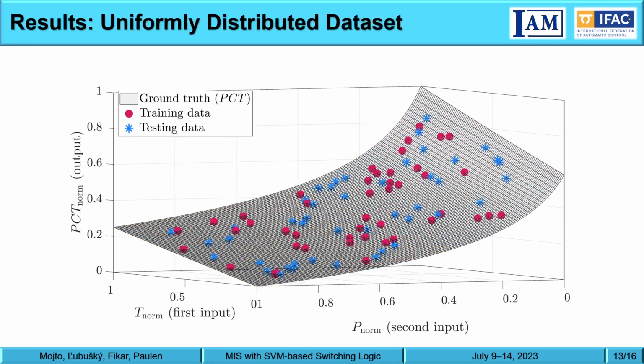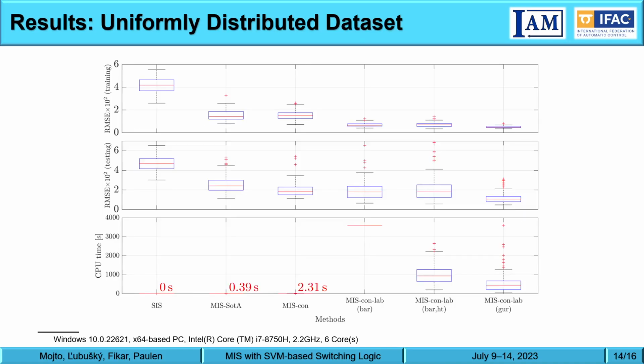This leads us to the second scenario where the uniformly distributed dataset is considered. Due to the random character of this scenario, we consider 100 different uniformly distributed datasets, and the following results represent the statistical evaluation from these 100 different datasets. So here we can see the same results as before.